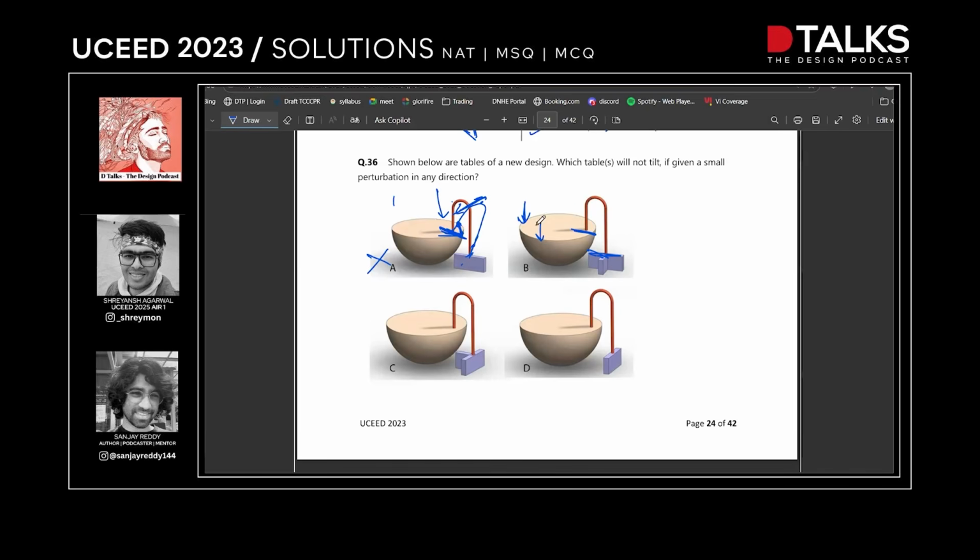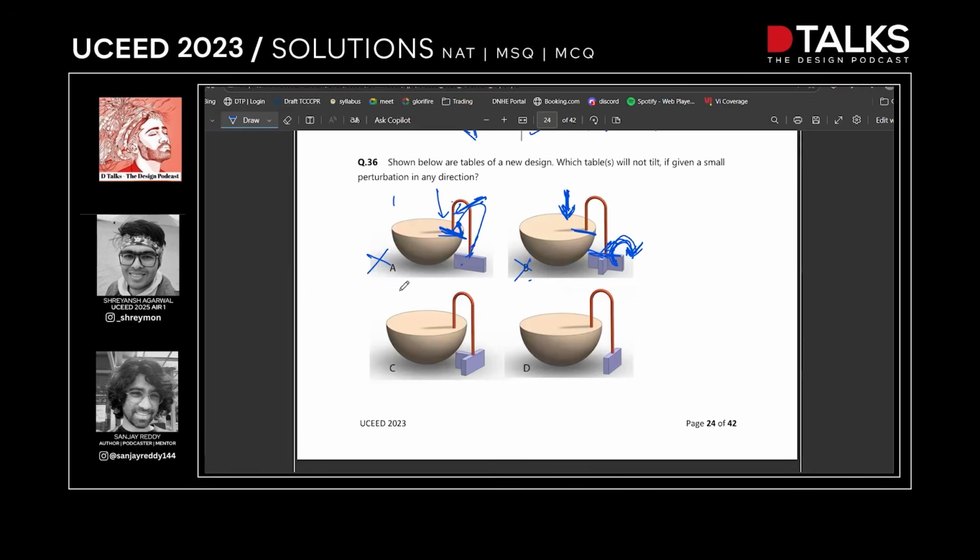But when you give it a force on this side, there's no support on the other side, so it will tilt. Yes, one second. When you give force on this side, at that time, because when you give force like this, this will topple like this. I said it the wrong way round at the start. When you gave force here, since there's nothing to support over here, this thing will topple. So B will also not give support in all directions.